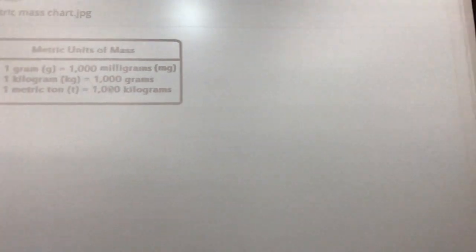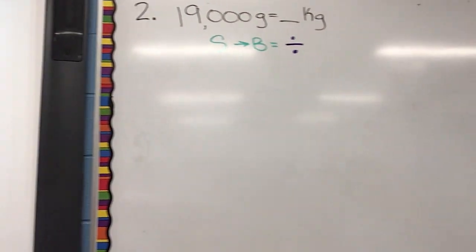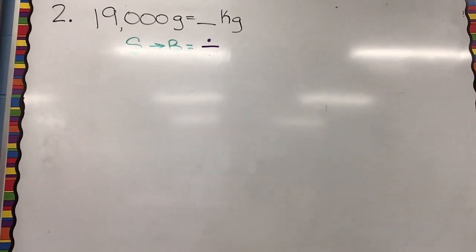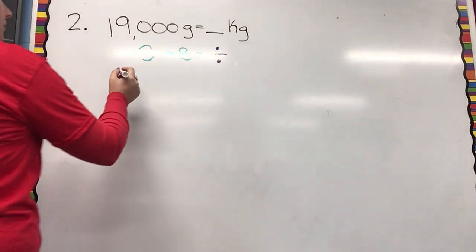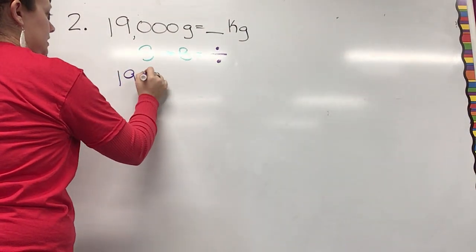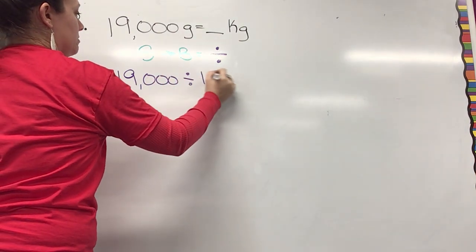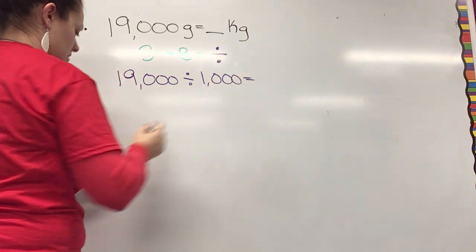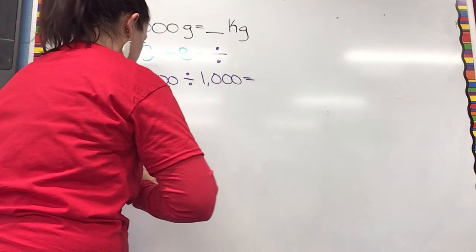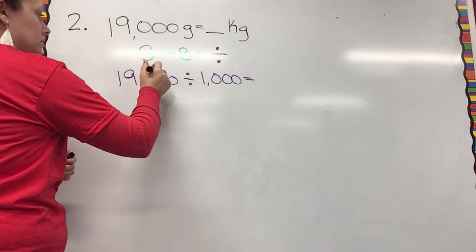So what do I do with that number 1,000? Mimi? 19,000 divided by 1,000. Very nice. There should be mental math here, right? 19. Very nice. I can take my zeros. 1, 2.